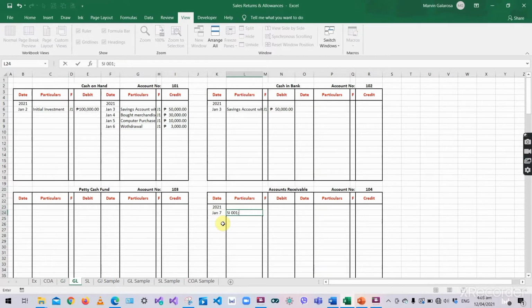Saka, lagay din natin yung name ng customer, Mr. Sakay, saka yung terms na din. 2/10, 1/15, n/30.